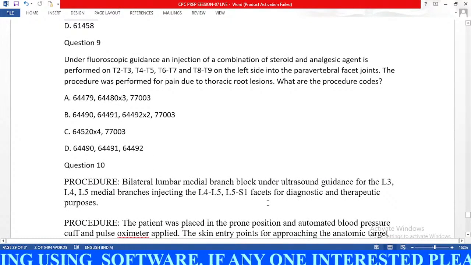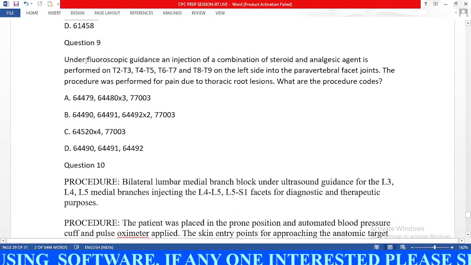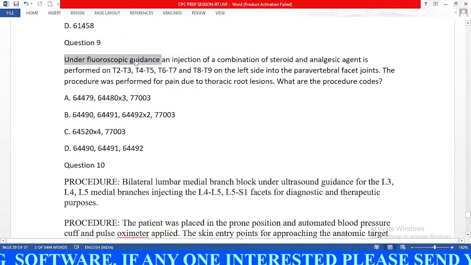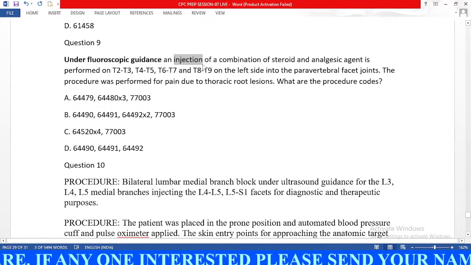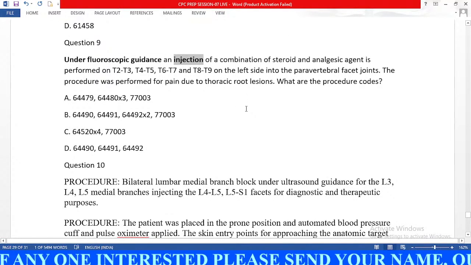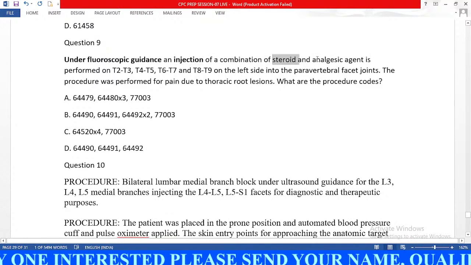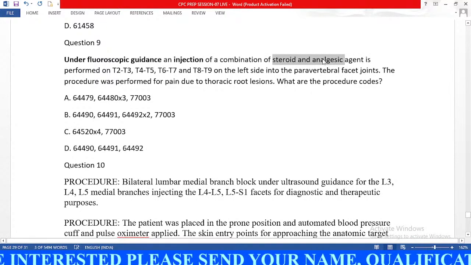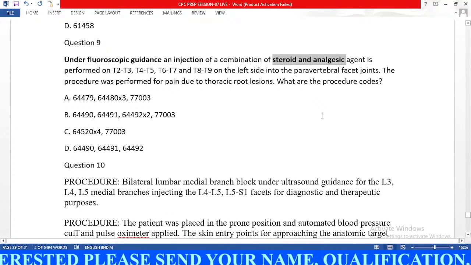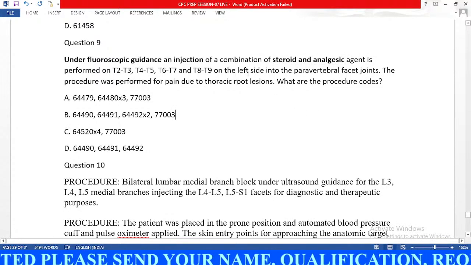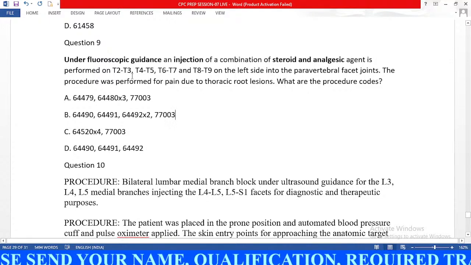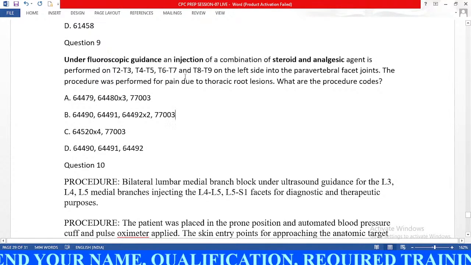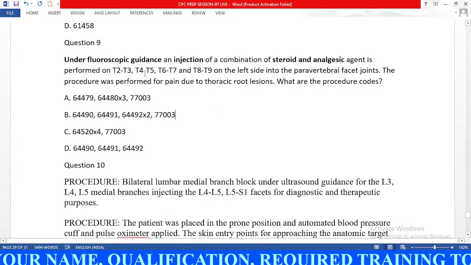First we can check the keywords. Under fluoroscopic guidance, your physician has performed an injection. What is the injection? Steroid and analgesic. Usually the physician will use steroids for pain management. The injection performed for pain management was in T2 to T9, so completely 4 levels.